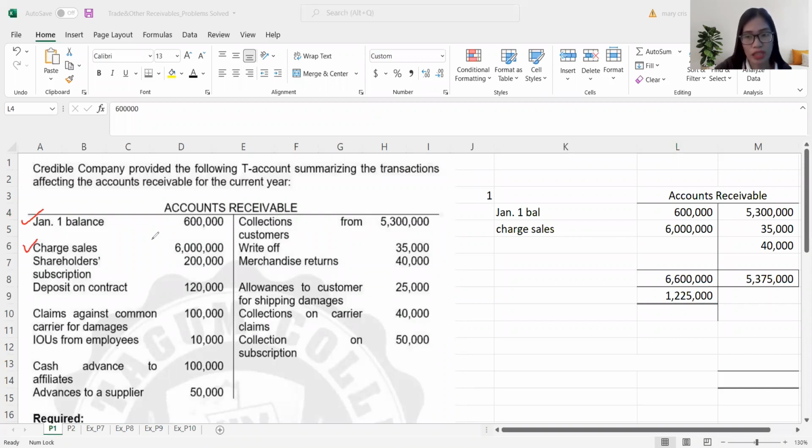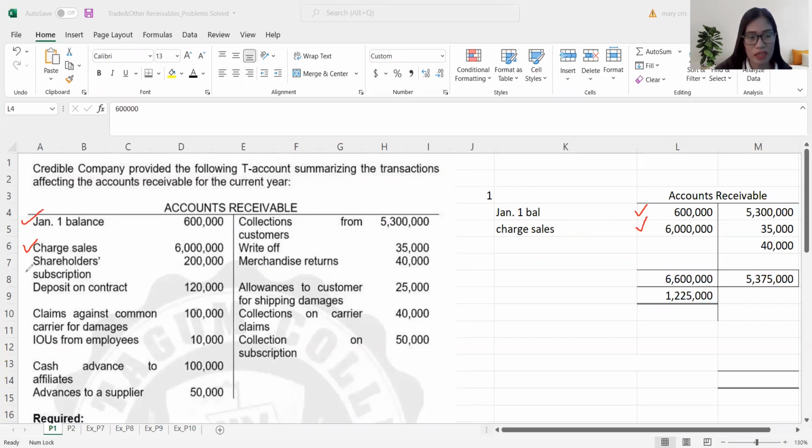Pag charge sales, meaning that's a sale on account. Ibig sabihin, when you're going to record it, you debit accounts receivable and then you credit sales. So most probably this is a legit accounts receivable transaction. I have plotted it here at the beginning, then the sales on account or the charge sales.